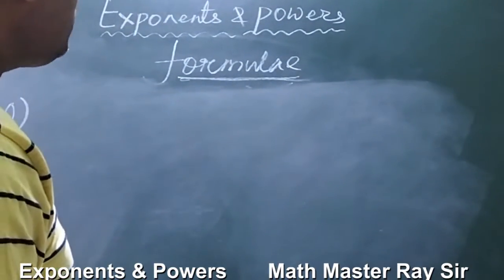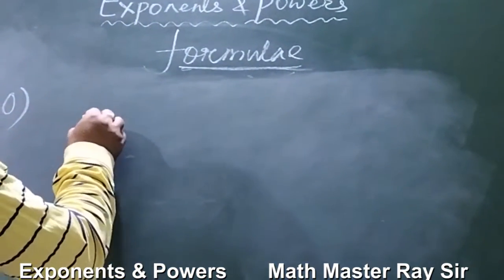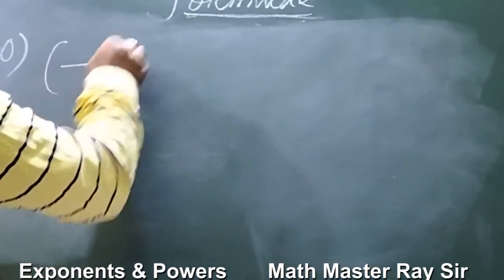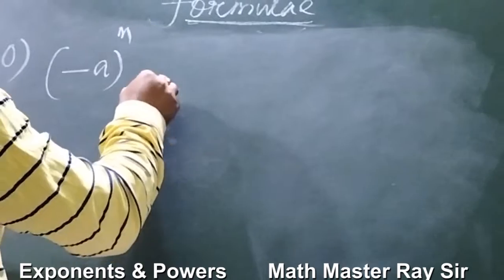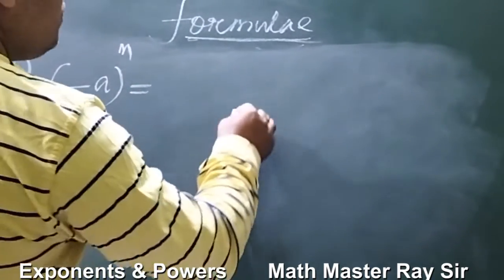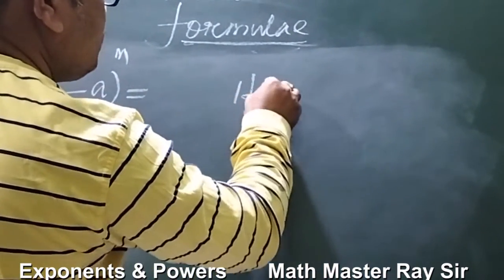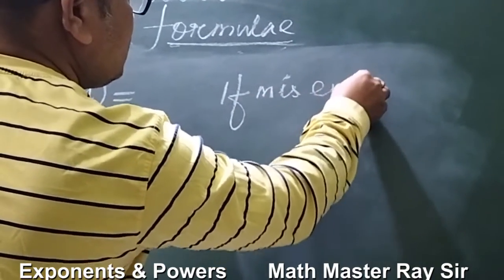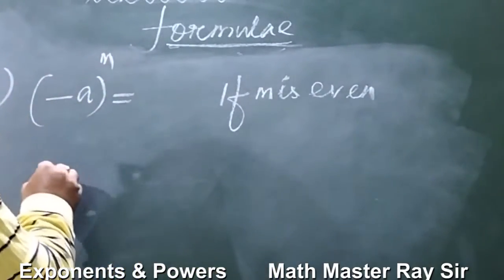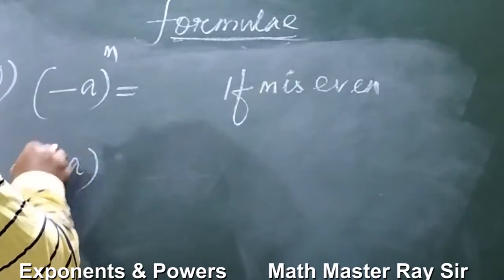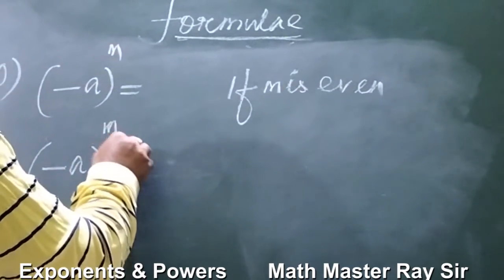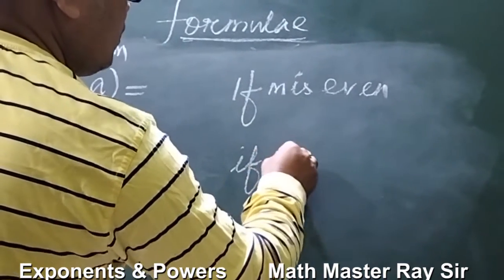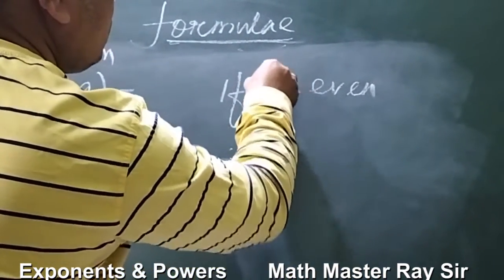If it is given minus a to the power m, that equals a to the power m if m is even, and minus a to the power m if m is odd.